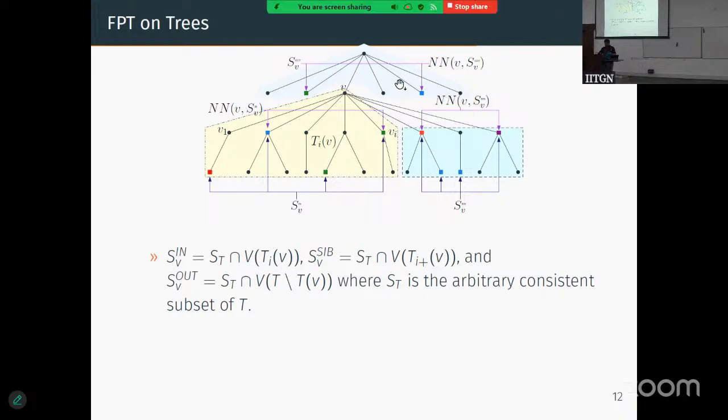So this person is 12. This is 12 plus 1B.